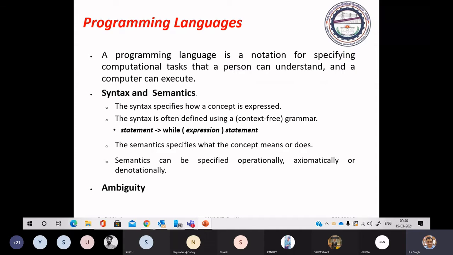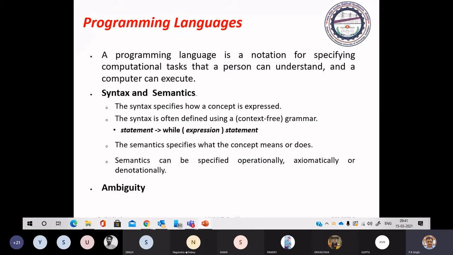Now come to the programming language. Or before discussing programming language, see what the property of a language is. In any language, you have the words of the language. To describe a word, you use several symbols.